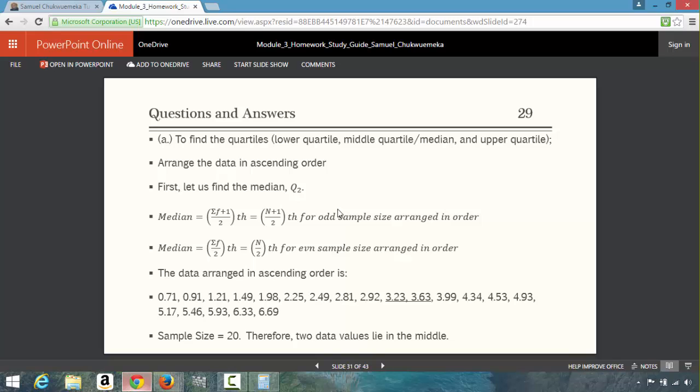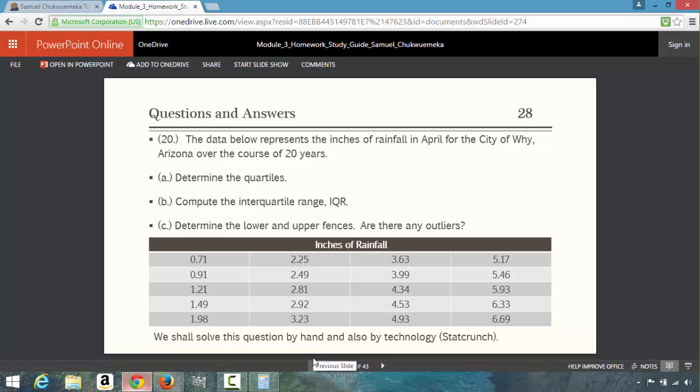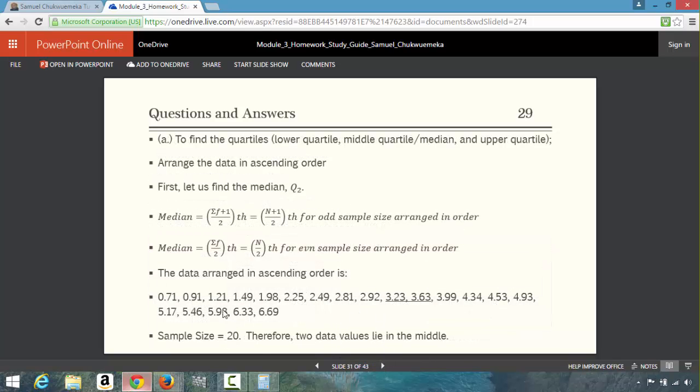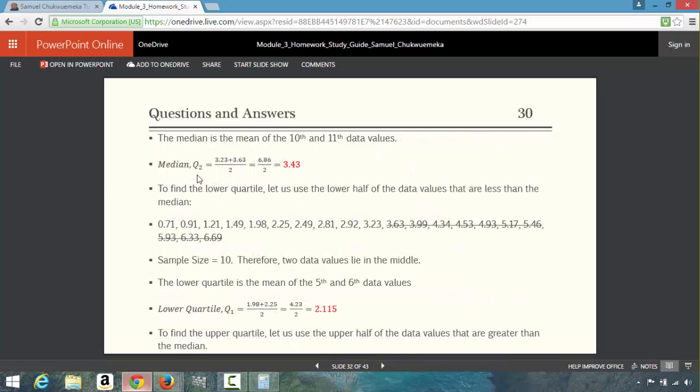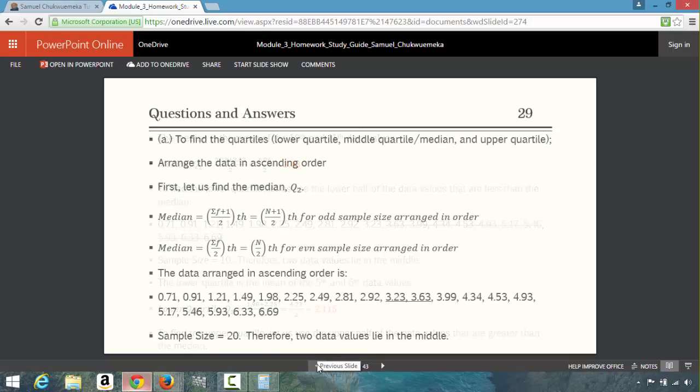Here we have a sample size of 20, which is even. Arrange in order, take the mean of the 2 guys in the middle, and that gives you the median: the 10th and 11th data values. So that is what this formula is all about.